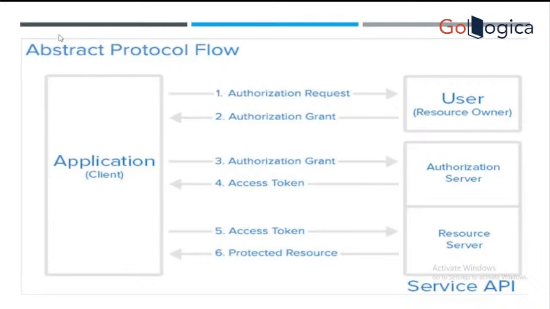In SAML, we interconnect both entities, the identity provider and the service provider. We make a connection between both of them by exchanging metadata in the form of an Excel file.